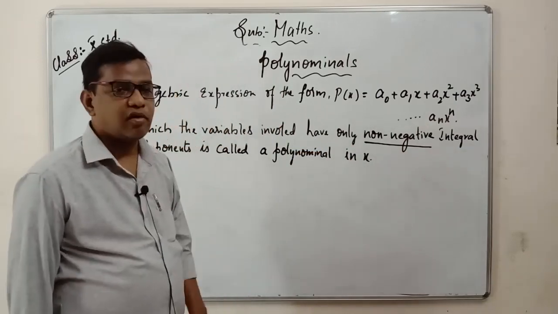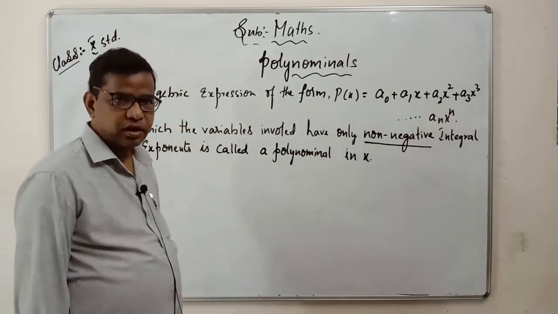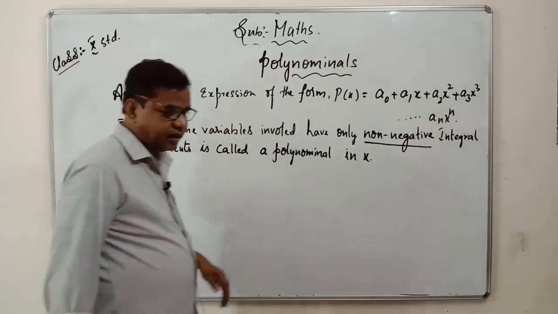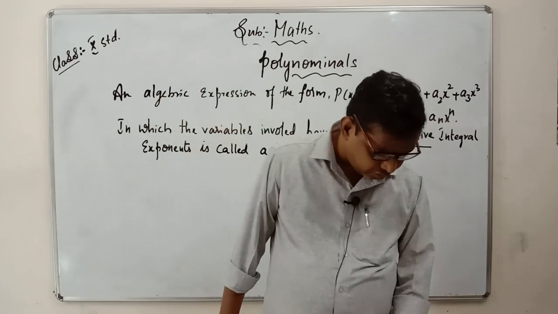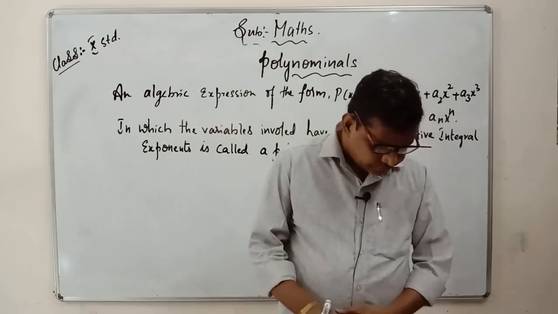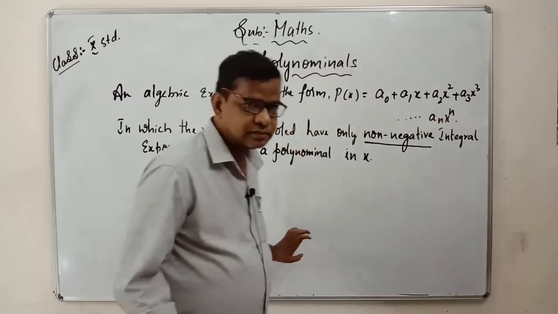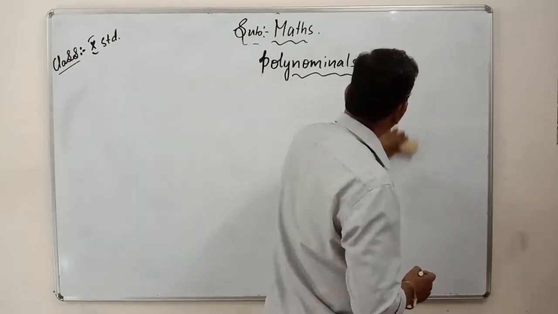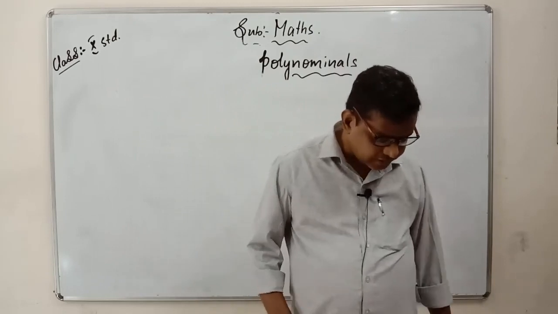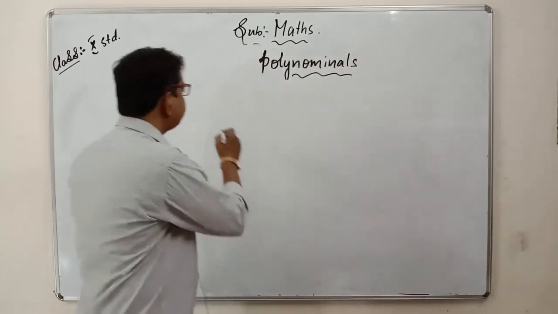This is called a polynomial in x. Okay, copy that. Very important. This is exactly what you mean by a polynomial. So let us start with the degree of polynomials.